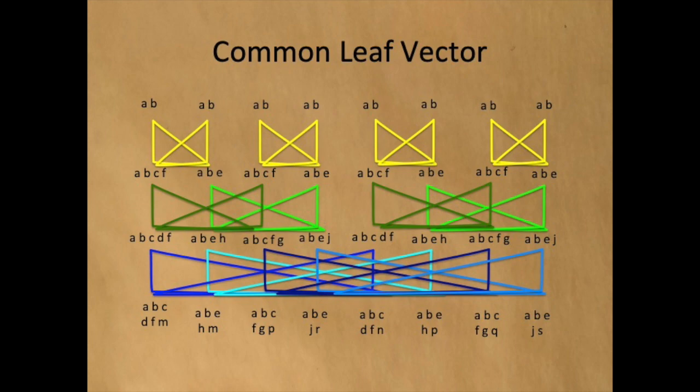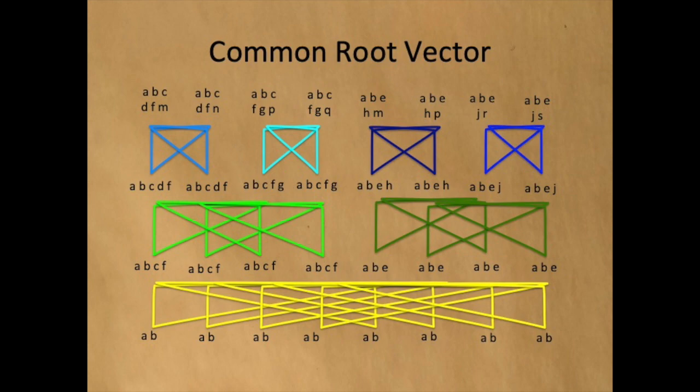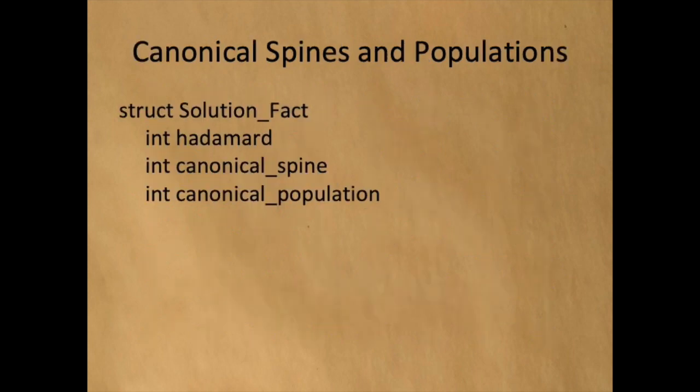We realized that all root Hadamards must derive from the same leaf Hadamard vector, and that all leaf Hadamards must derive from the same root Hadamard vector, all at the same time. We ultimately had to come up with an idea that we call canonical Hadamards, so canonical spline values and canonical population values, to constrain how Hadamard values vary together.